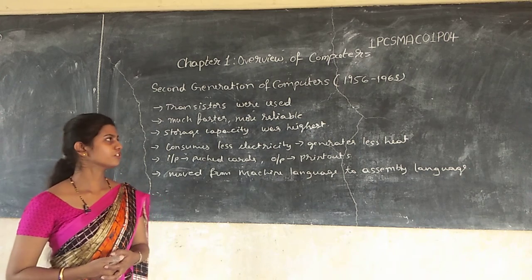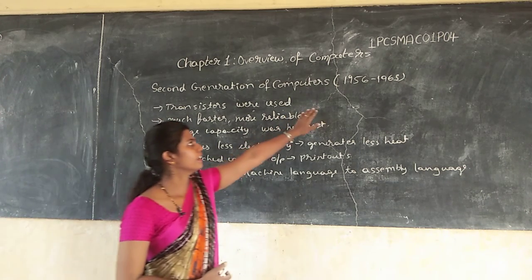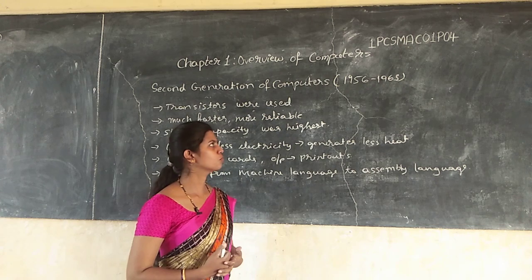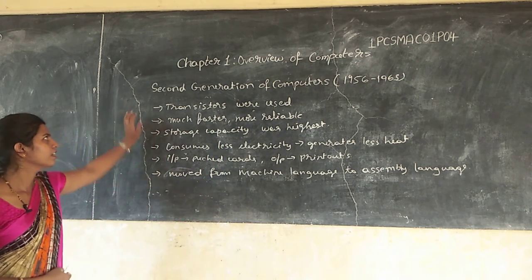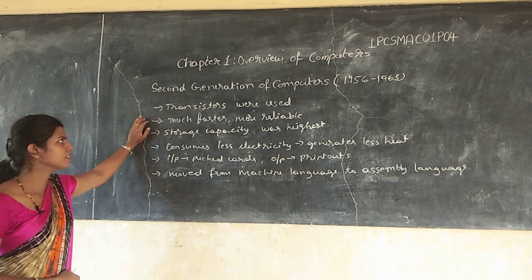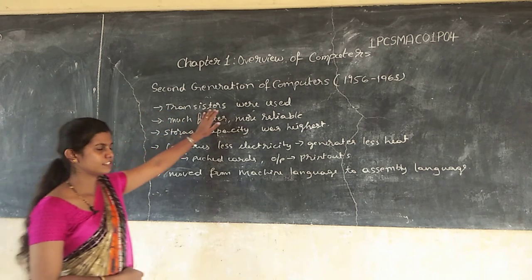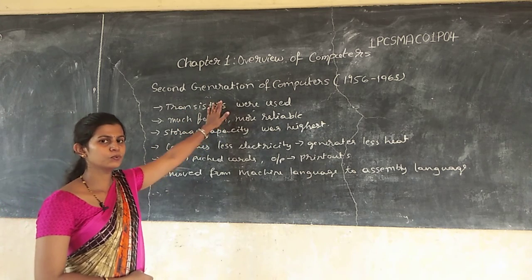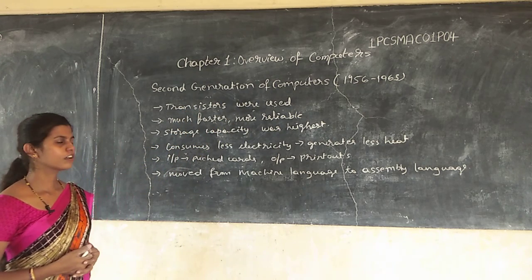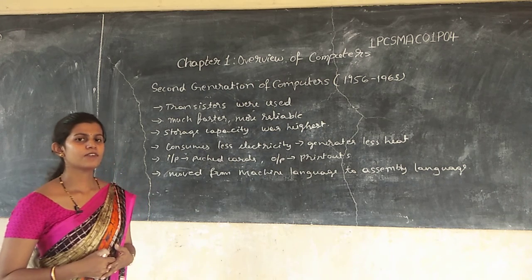The second generation computers were developed in the year 1956 to 1963. In second generation of computers, they have replaced vacuum tubes with transistors. Here transistors were the basic component, whereas in first generation computers they used vacuum tubes.